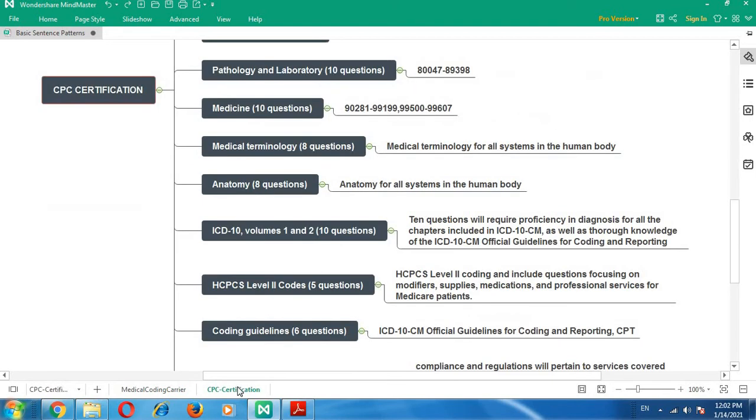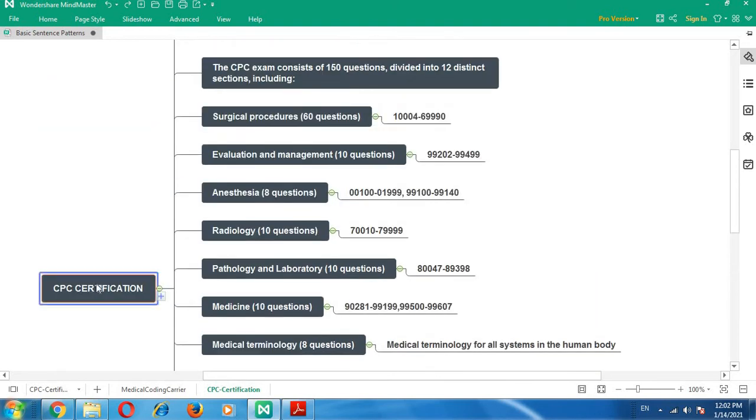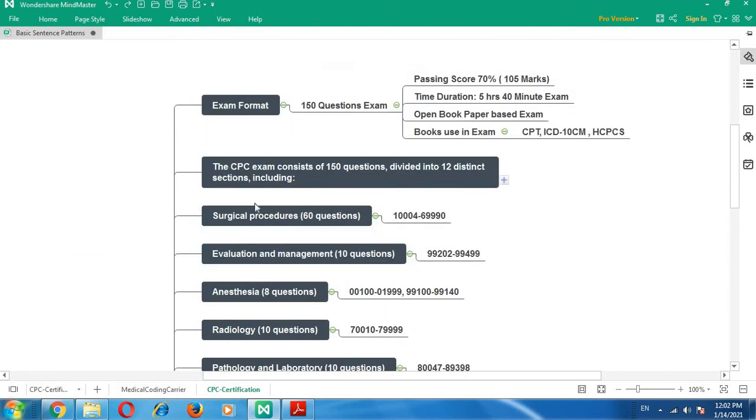So let's jump into the second mind map, which is the CPC certification. All right. First we understand the exam format of this CPC certification. Usually it is a 150-question exam, and the passing percentage for this exam is 70 percent. 105 marks are needed to pass this certification exam.